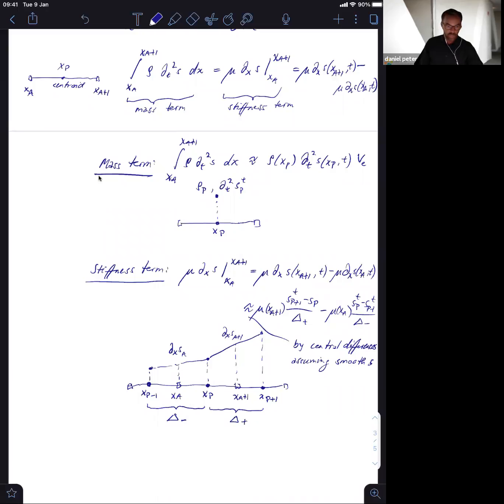So in principle, we are already done with the discretized formulation. We have the mass term and the stiffness term now discretized using a finite volume approach. Let me quickly put down a note about the material properties that we will need.